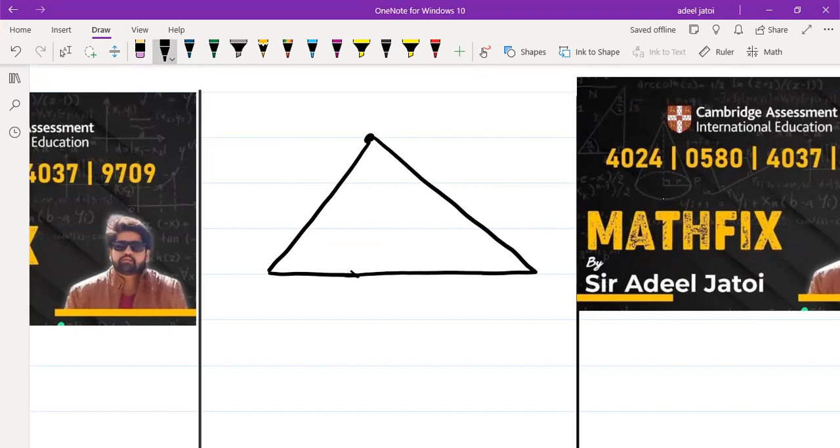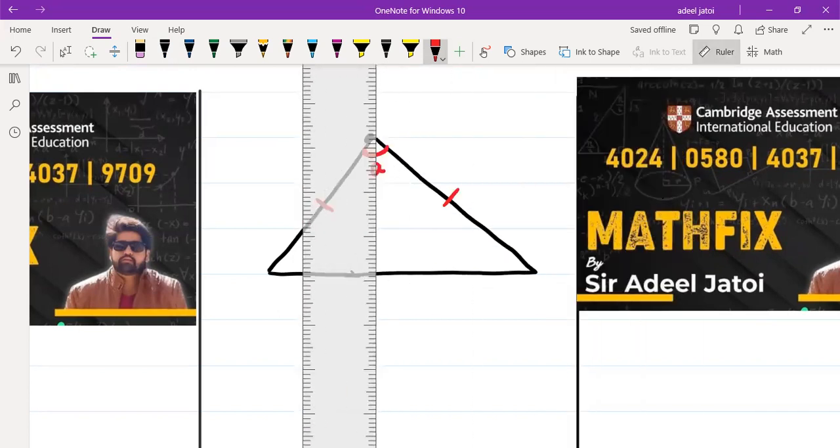Considering this triangle as an isosceles triangle, if this angle is A, an isosceles triangle means that both the sides are the same.